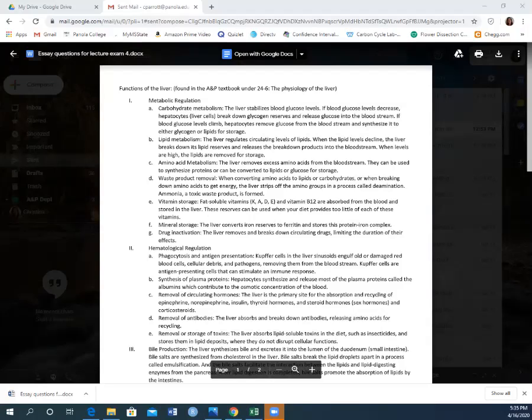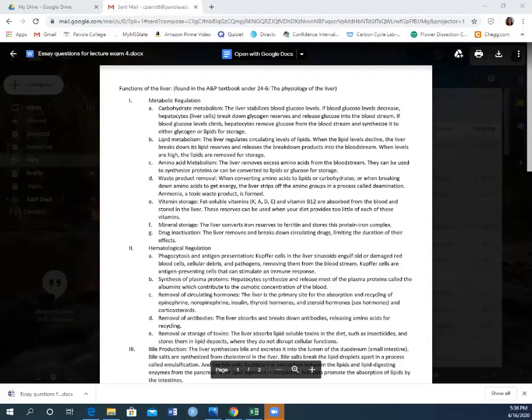Amino acid metabolism. If you have an excess of amino acids in the bloodstream, the liver will remove the amino acids and then they can be stored in the liver, or they can be synthesized into proteins, because remember, you put a bunch of amino acids together, amino acid plus an amino acid plus an amino acid and so on, then you get a protein.